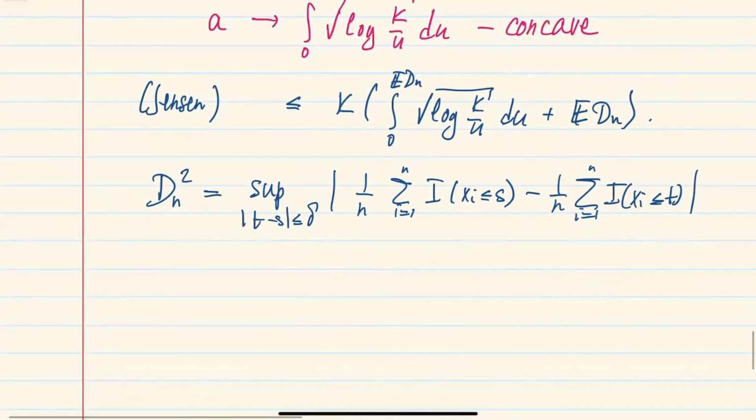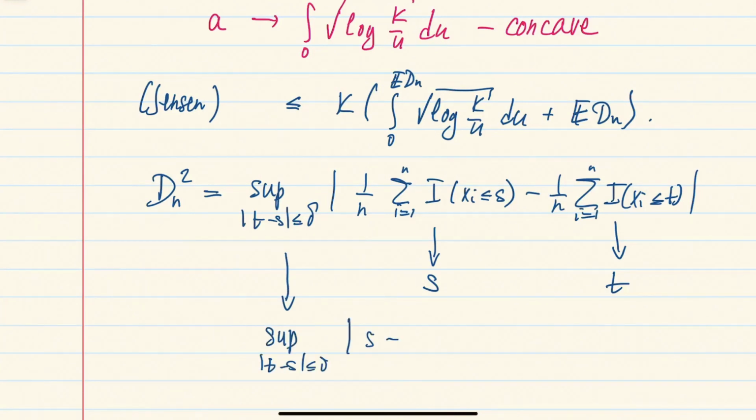We already mentioned above that it will be an exercise to show that these averages converge uniformly, basically by the strong law of large numbers, to their expectations. So the first average will converge to s, and the second one will converge to t. This convergence is actually uniform, so as a result, this supremum will converge almost surely to the supremum of s minus t when their difference is less than delta. So this will be delta, and this convergence is almost sure.